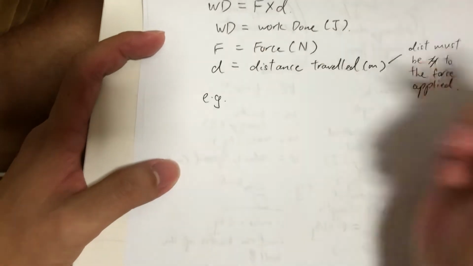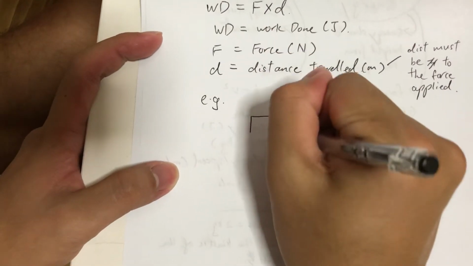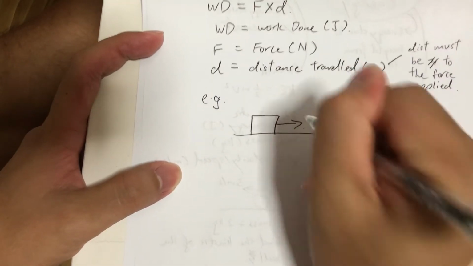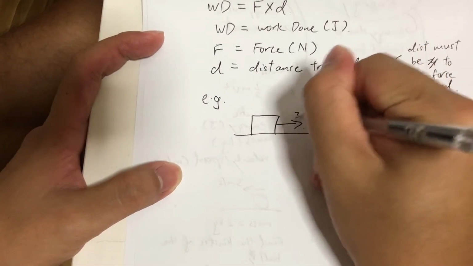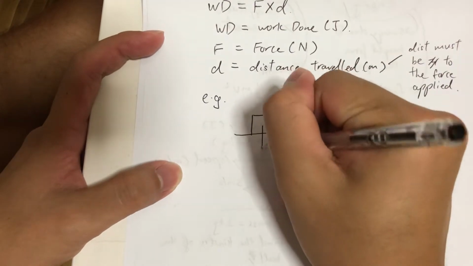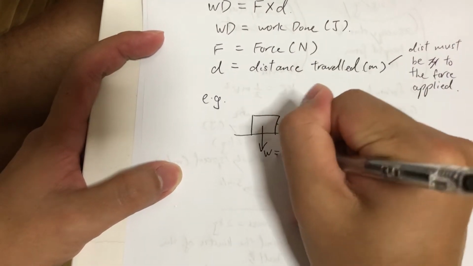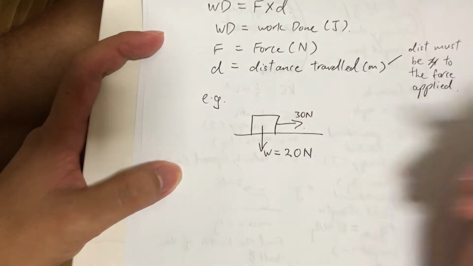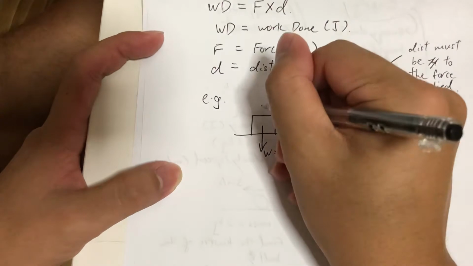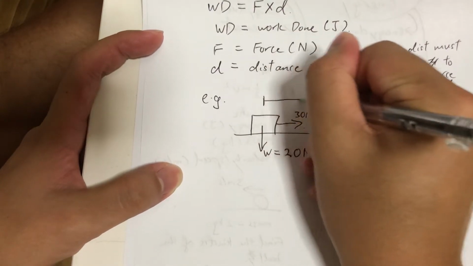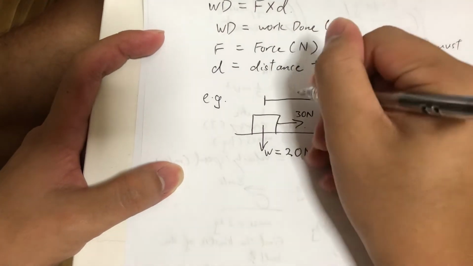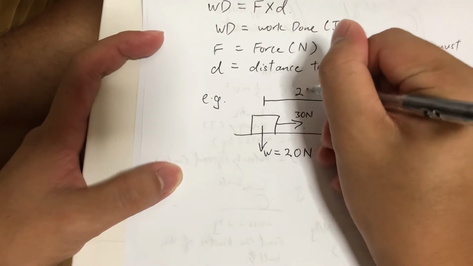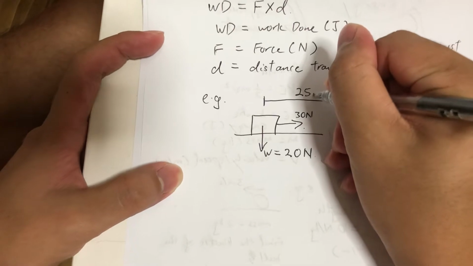Here's an example. I have another box being pushed with a 30 newton force, and it has a weight of 20 newtons. The box will travel a distance of 25 meters.